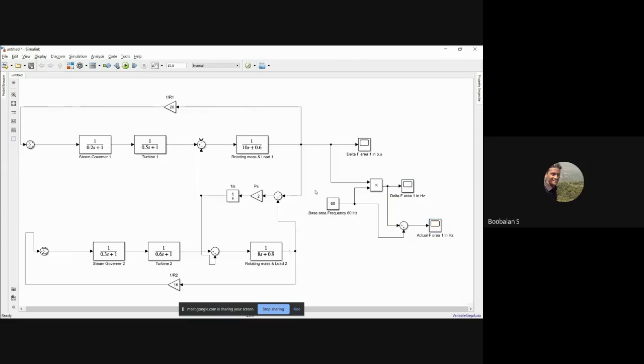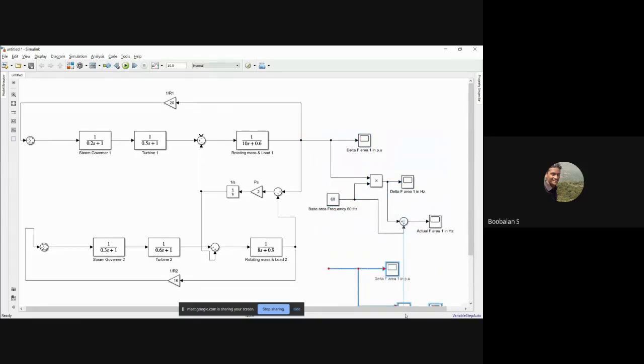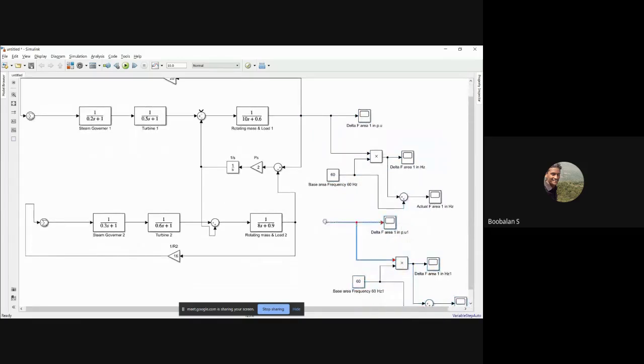The same way you can repeat the same procedure for calculating the change in frequency as well as the actual frequency for area number 2. Just repeat once again. I'm going to copy paste once again. The same thing is repeated, right? I just copy and connect it. This will give you the area 2 frequency.